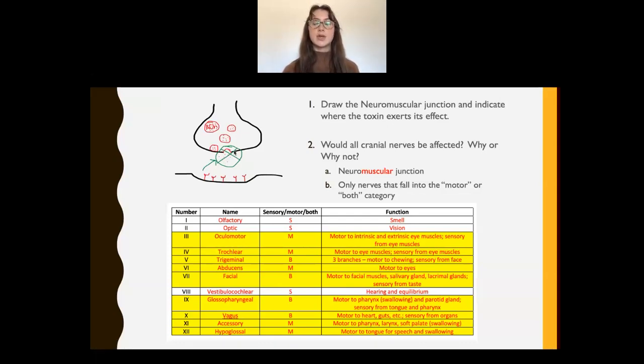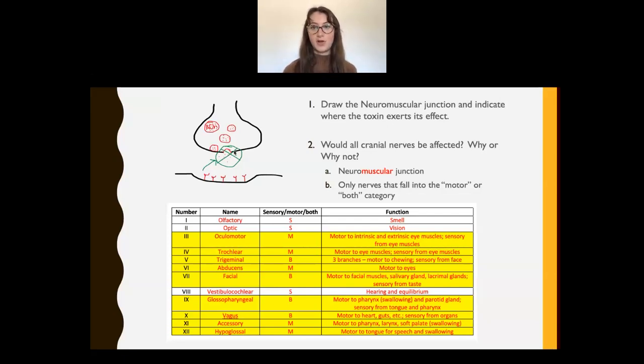Number 2, would all of your cranial nerves be affected? Why or why not? We learned about the cranial nerves. Well, you learned about them back in anatomy, but we reviewed them a little bit ago, and I had you categorize them as either sensory, motor, or both. Since we're talking about the neuromuscular junction in the somatic nervous system, so voluntary motor movements, right?